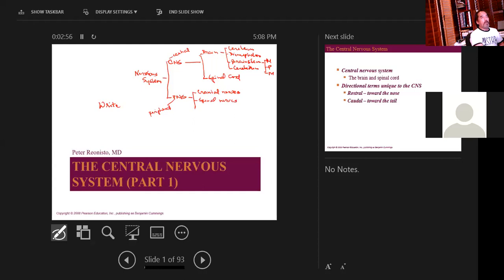And then there's going to be one that's called your autonomic nervous system, which is further divided into your sympathetic and your parasympathetic. Okay, so we're going to concentrate here first on the brain and the spinal cord.